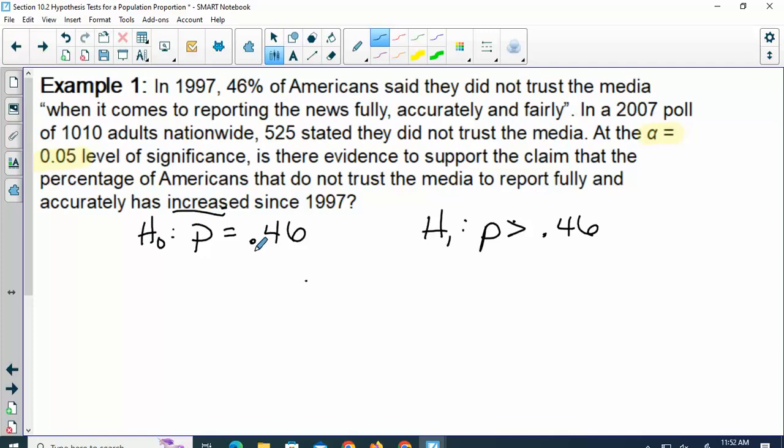So if we're going to do that, we have to check our criteria, right? You don't have to show me a ton of work on the criteria, but enough that I know you realize what you're doing. We need to check that n times p times 1 minus p is greater than or equal to 10. What's my n? And my p?